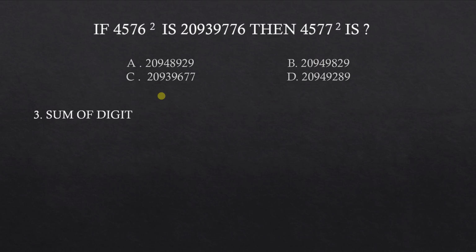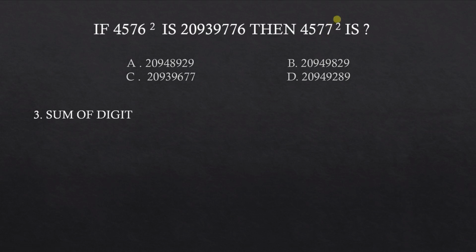The next method is the sum of digit method. First we calculate the sum of digits: 4 plus 5 plus 7 plus 7. Since 4 plus 5 is 9, we don't need to consider 9. So we take 7 plus 7, 14.